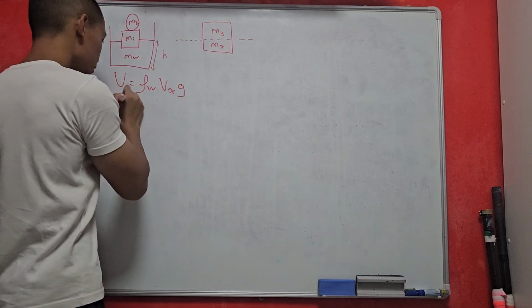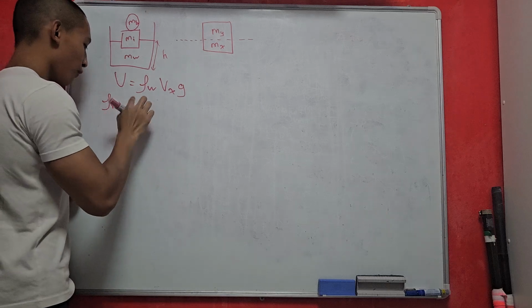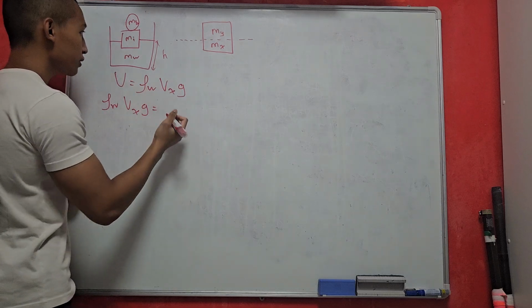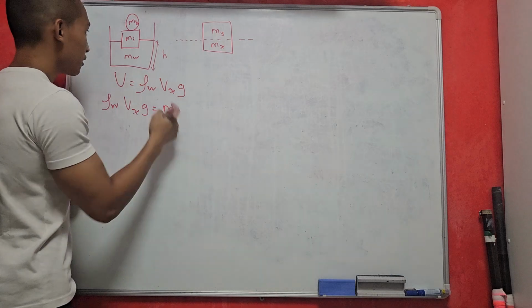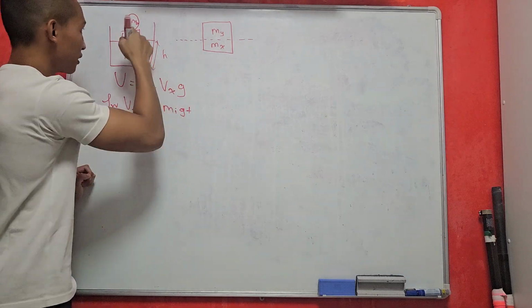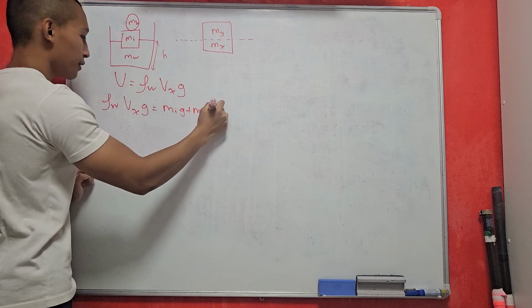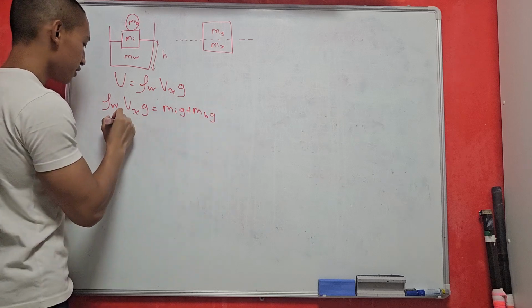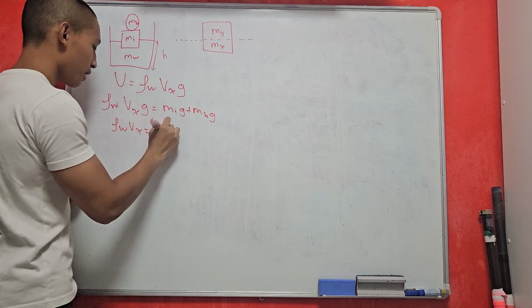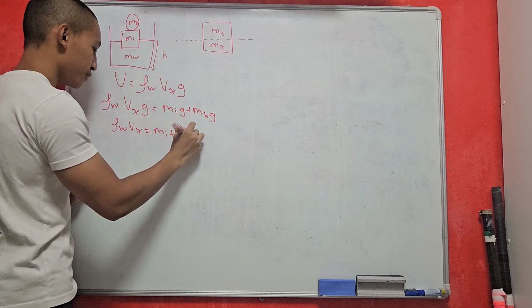So rho w times vx times g is equal to mi times g plus mb times g. And you can simplify this equation to be rho w vx equals mi plus mb.